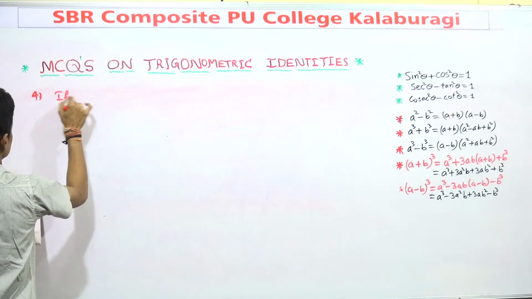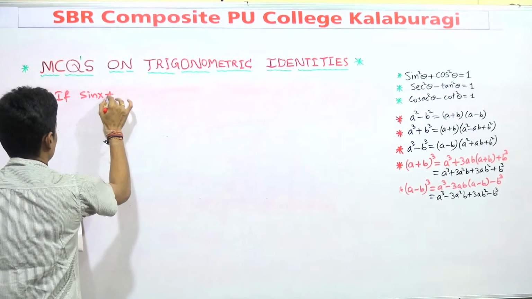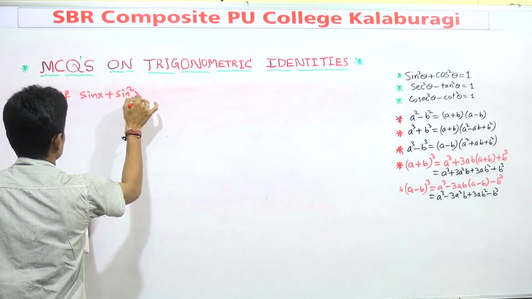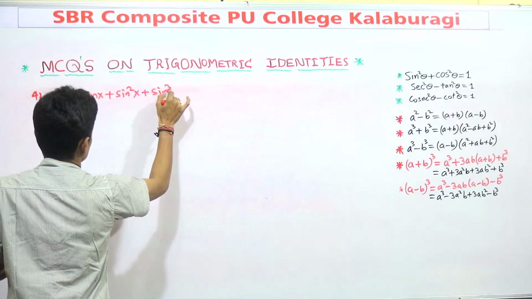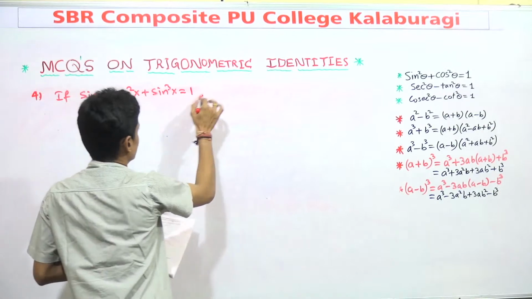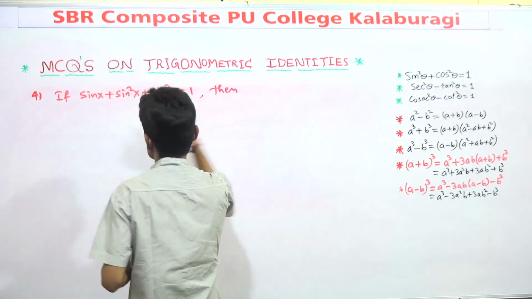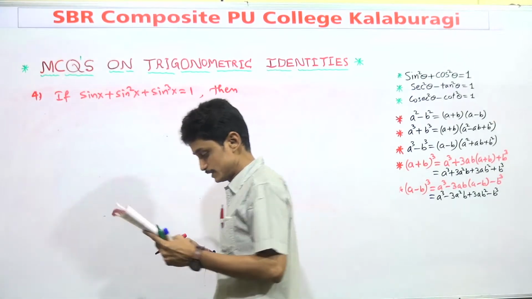If sin x plus sin square x plus sin cube x equal to 1, then, this if means the given case we have to use, and find the value of the required case.